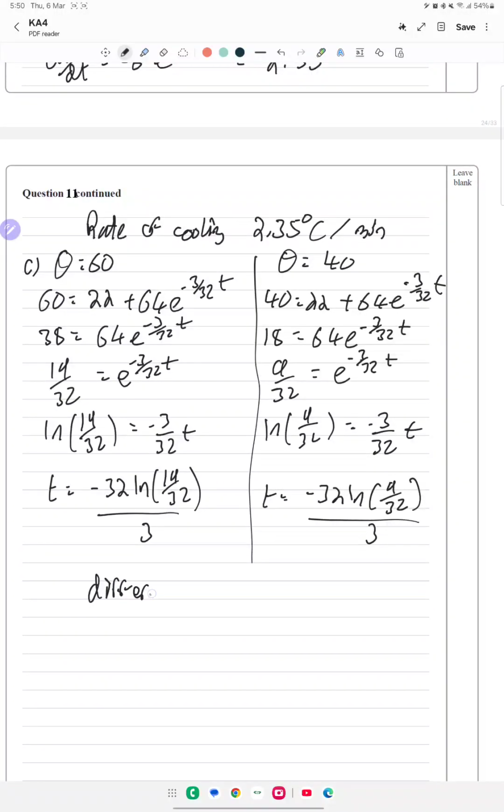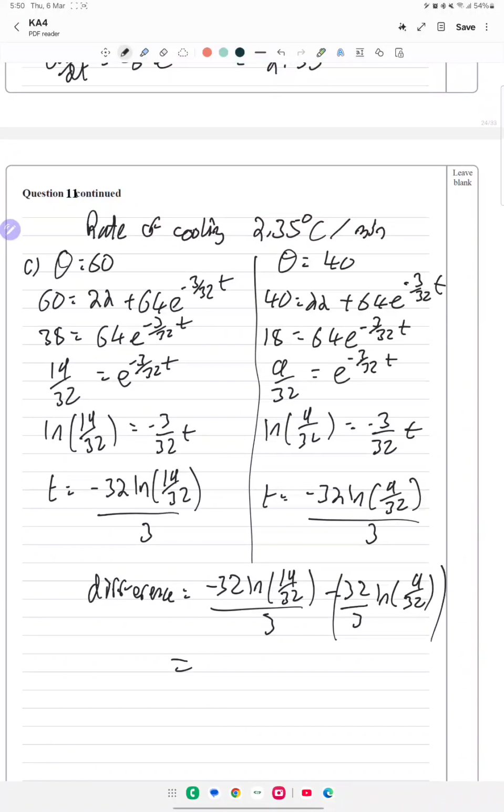So the difference is going to be bigger take smaller, I guess, is going to give us a nicer number. Oh, that's going to be minus that.